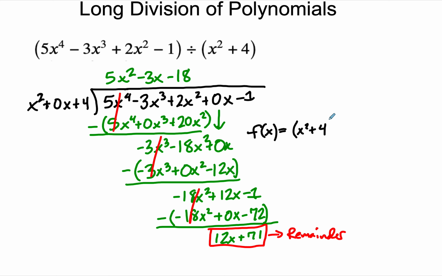We don't need the 0x anymore. And then we have 5x squared minus 3x minus 18. And then we have plus 12x plus 71. I ran out of space there, but you can see that plus 12x plus 71 gets written at the end of this. Now we've done the long division of this polynomial.